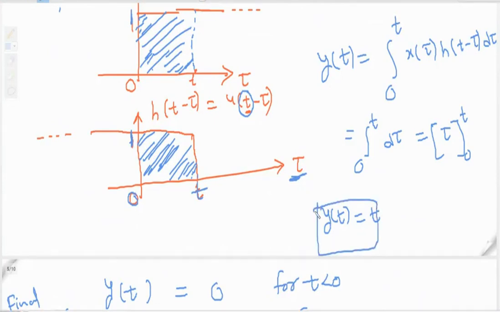Now one more example. Find the convolution of u of t with u of t plus 2.